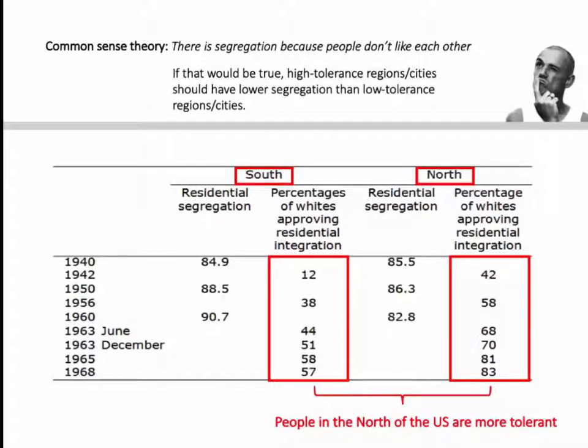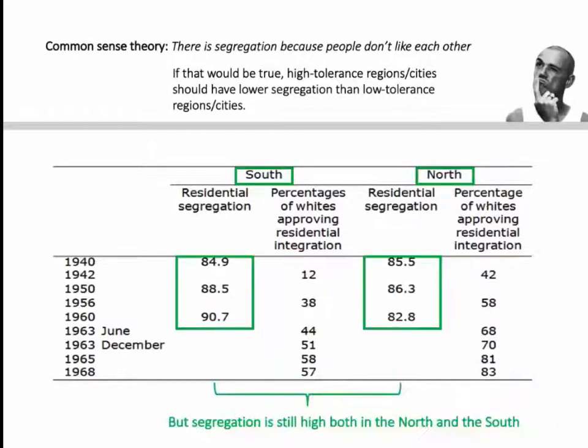Okay, so now think about what I just said. If that were true, high tolerance regions should have lower segregation than low tolerance regions. But it's not. It's still high in both, to be honest. In 1960, we see a bit of a difference between the South and the North, but in the 1950s and the 1940s, we don't really see a difference. Actually, in the 1940s, there was more segregation in the North than in the South.